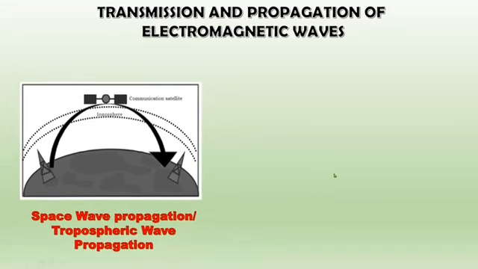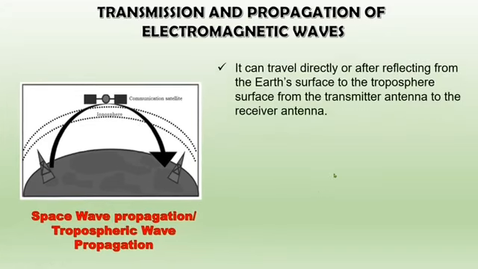Space wave propagation. It can travel directly or after reflecting from the Earth's surface to the troposphere surface, from the transmitter antenna to the receiver antenna.